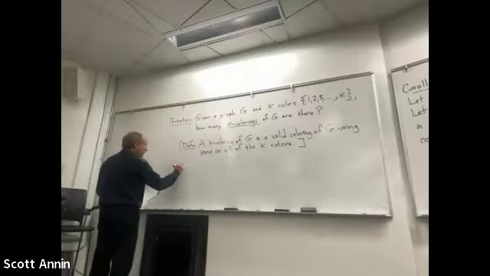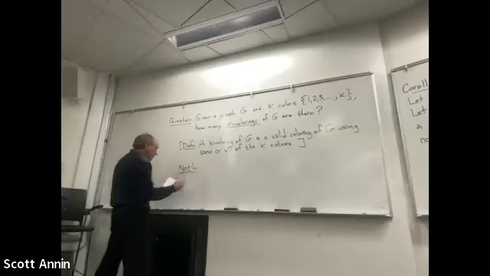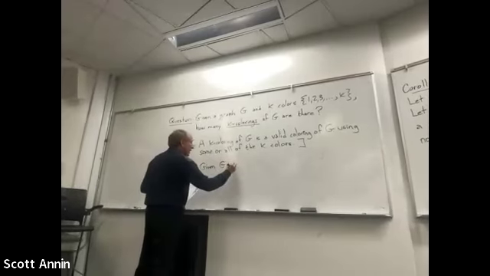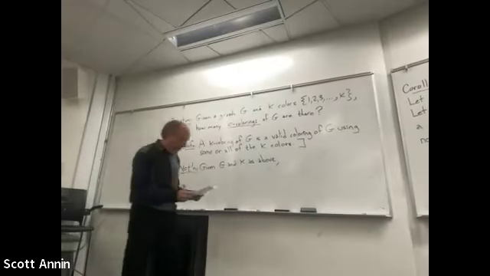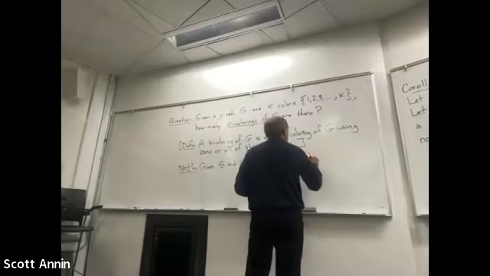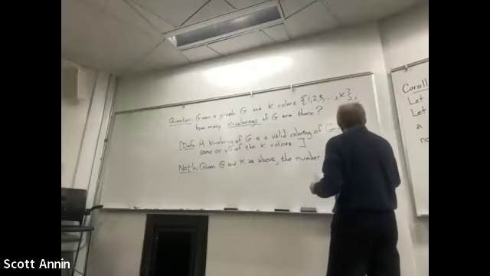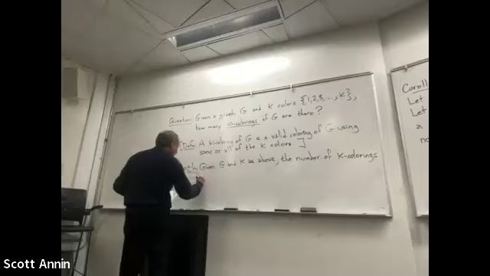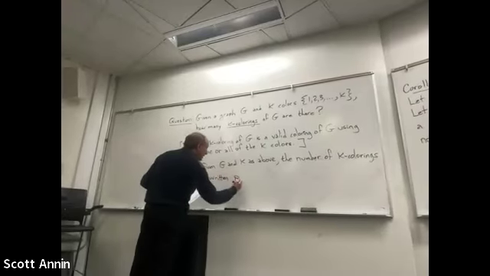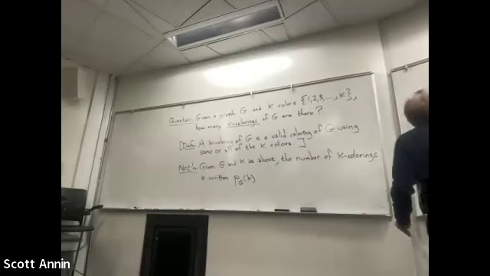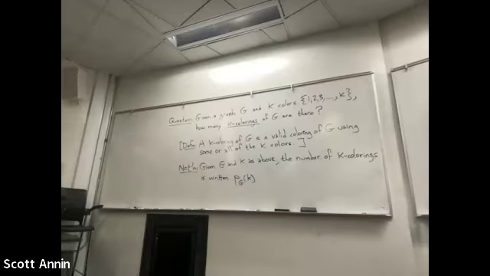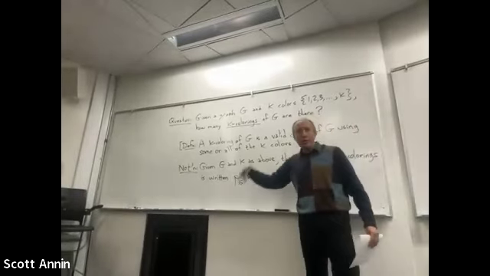Let me make a little notation here. Given G and K as above, the number of K colorings is written P sub G of K. As I increase K, if I give myself more colors to work with, chances are P sub G of K is also going to increase.